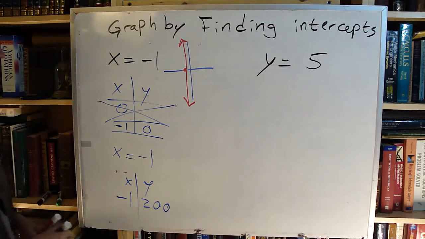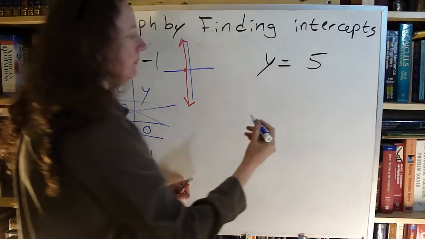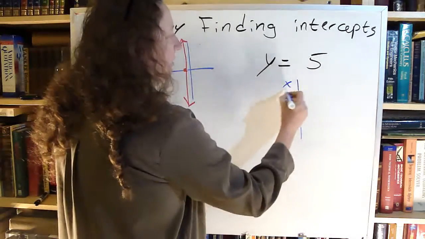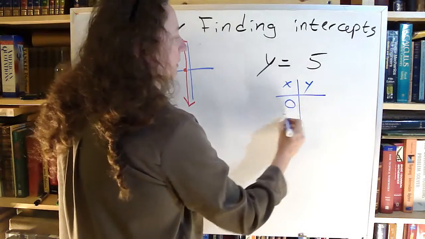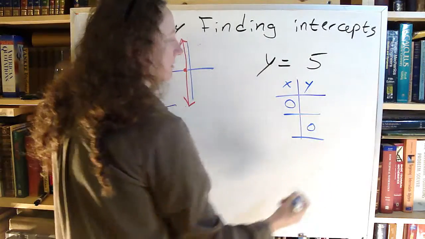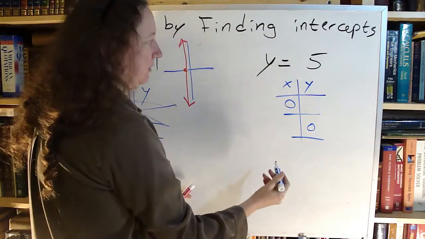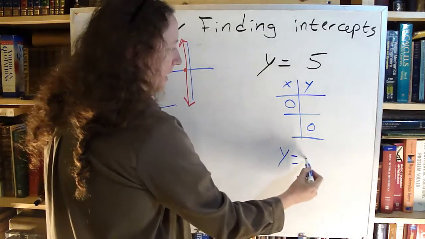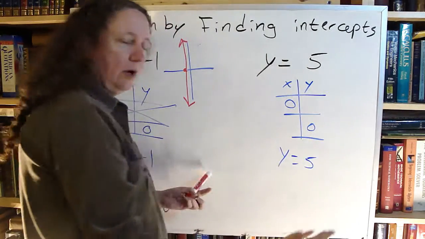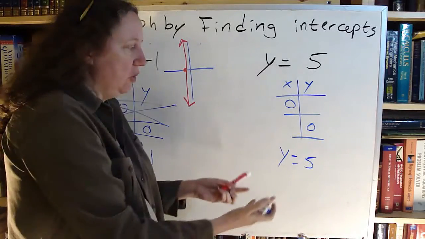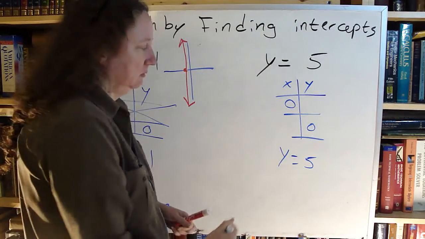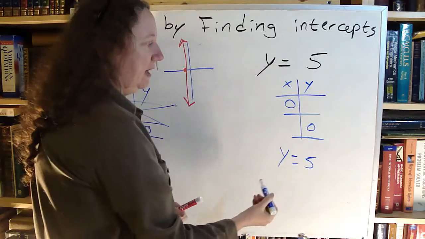Going over to the other one, y equals 5. You have your x and your y, you have 0 for one and you have 0 for the other. So I'm going to take my equation, I'm going to plug in 0 for x. Y is 5. Where do I put the 0? There is no x there. We just have the y is 5.